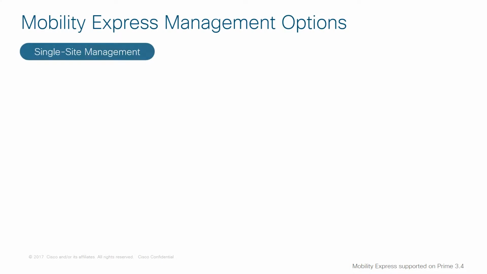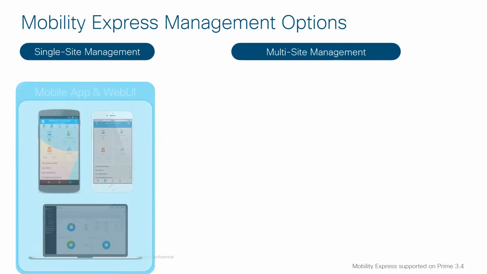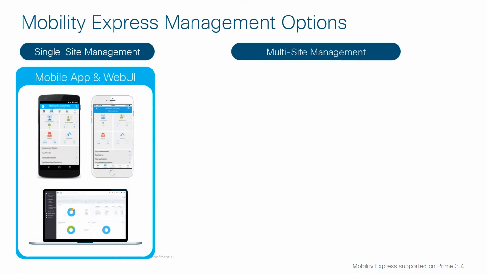Whether you are deploying Mobility Express in a single site or across many sites, there are multiple options to choose from to help you manage your Cisco Mobility Express network effectively. For single sites, WebUI is available, which allows you to deploy and make changes after day 0. The WebUI is completely redesigned.